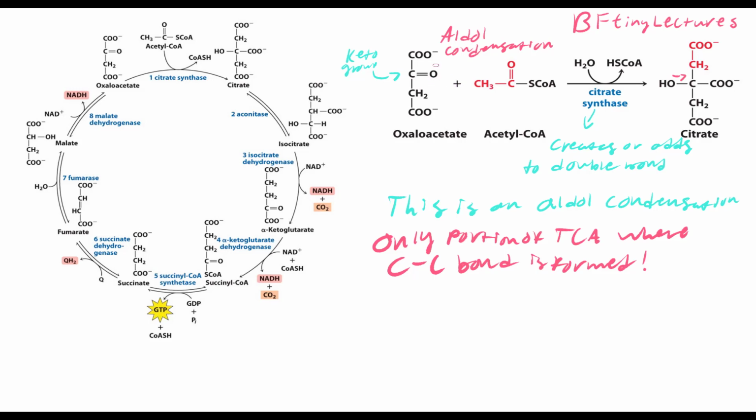Was our carbon oxidized or reduced? Actually it was reduced, because you can tell a process was reduced if the number of bonds to oxygen decreases. This carbon had 2 bonds to oxygen, but now it only has 1. So this is a reduction reaction: oxaloacetate is reduced into citrate.